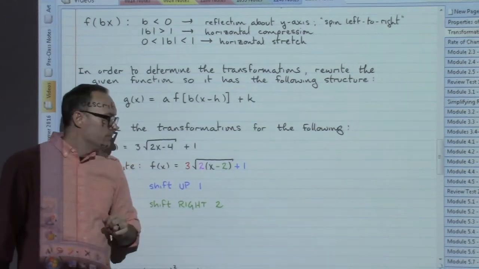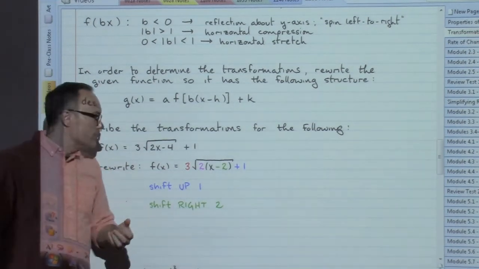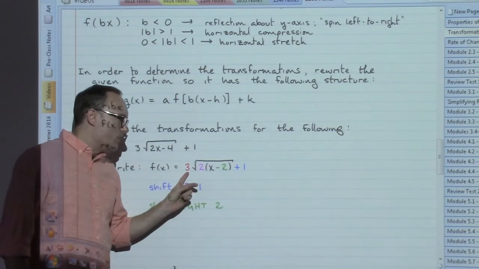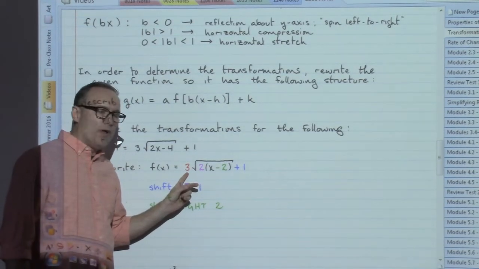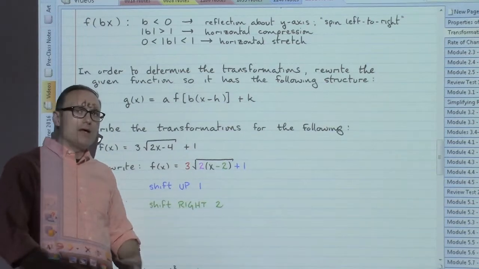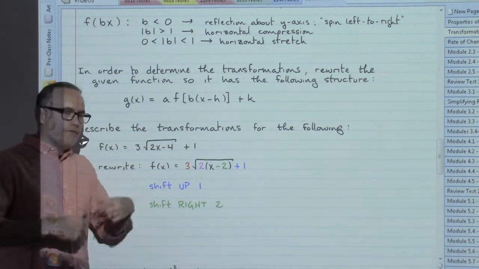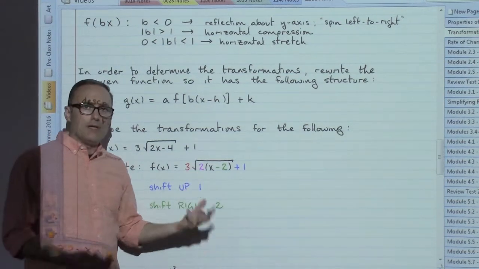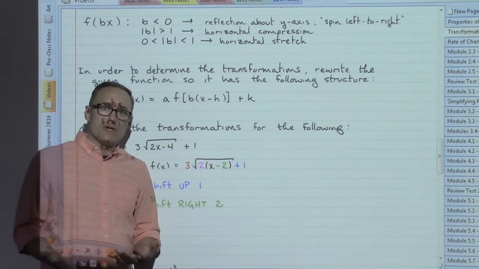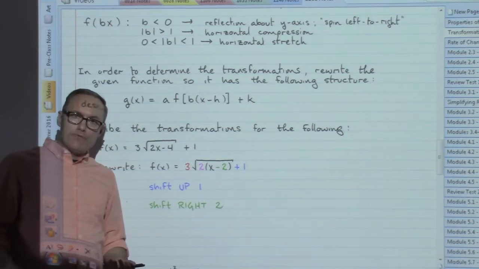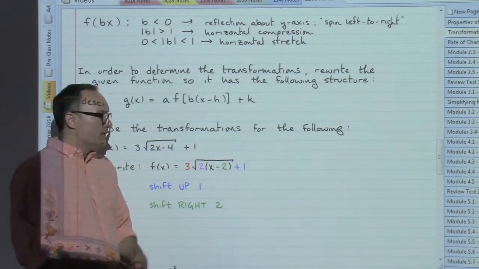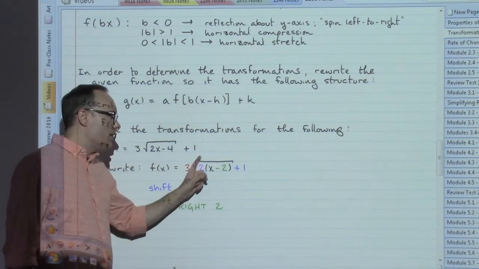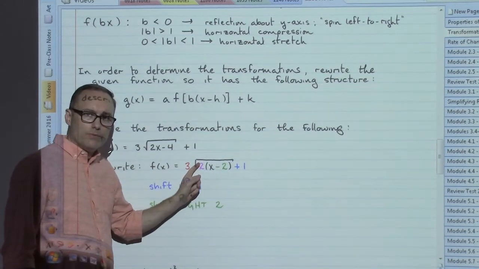Shift right 2. Well, those are the nice ones. And the other ones, those are kind of those weirder ones. I wouldn't necessarily want to try to be specific about what the 3 itself is doing beyond some sort of vertical stretch or compress. What is the 2 doing beyond some sort of horizontal stretch or compress? How did I know it was vertical for the 3 and horizontal for the 2? The 3 is all the way out in front of that basic square root.